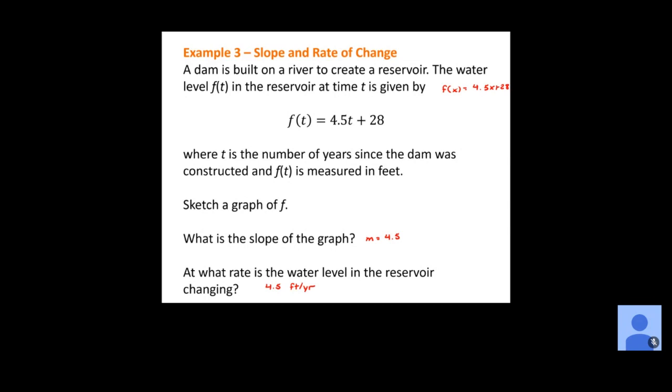Now, is that water level rising or falling at that rate? It's rising, right? And we know that because we have a positive rate of change or a positive slope. So I would probably also say in this case that we are rising at 4.5 feet per year, just to make sure it's clear that that is a positive rate of change.